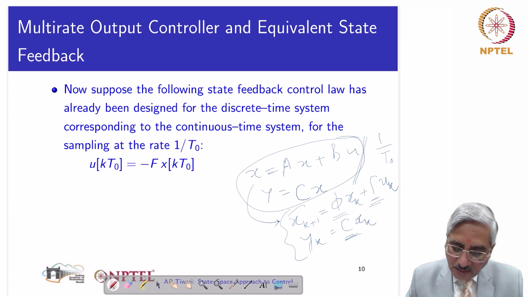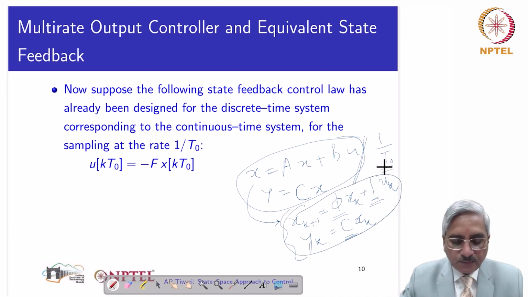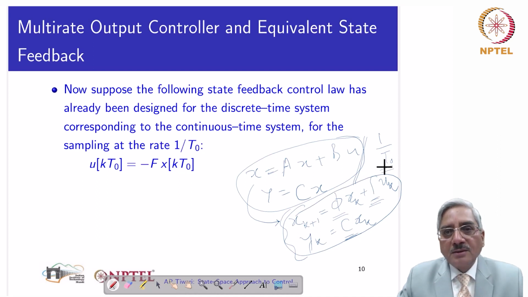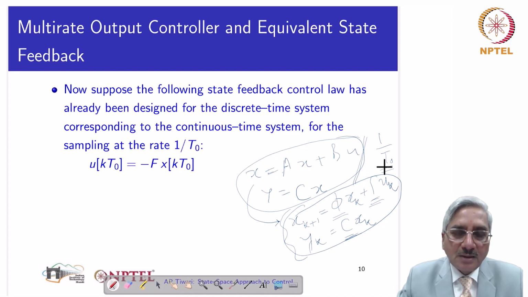Now for this system sampled at the rate 1/T0, we assume at the beginning itself that we have already designed a state feedback control, either to place its poles at desired locations by pole placement techniques, or by linear quadratic regulator design, or by any other consideration.